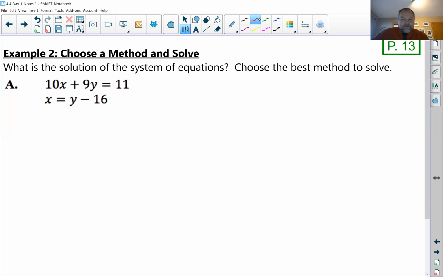All right, we've reached a majority. So in this case, substitution came out with the majority of votes. So we're going to use substitution.